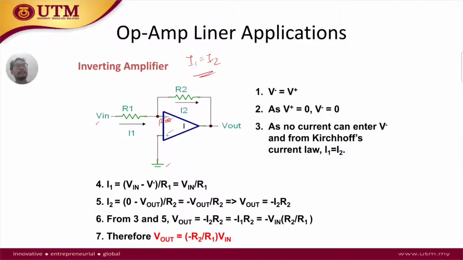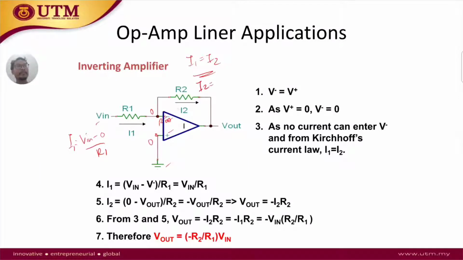Now, what is I1? I1 here is simply V in. Because we have virtual ground, this is 0, and therefore here is also 0. So I1 is simply V in minus 0 over R1. Just a simple current calculation there.